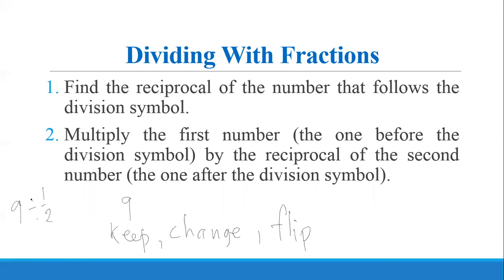And then, yung change dyan, change the division sign into multiplication sign. And then next, yung flip, flip this one into the reciprocal. So, this is equal to 2 over 1. Ganon. So, keep, change, and flip. Change the division sign to multiplication. And then flip, which is use the reciprocal of the second number. So, this is the second number. Use the reciprocal. Kaya flip 2 over 1.